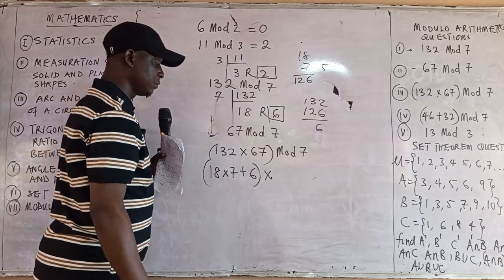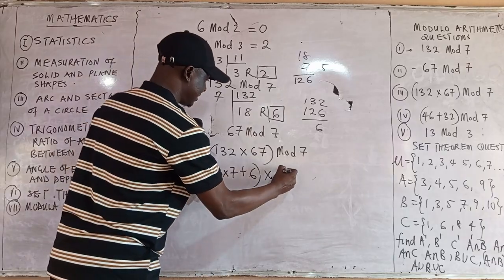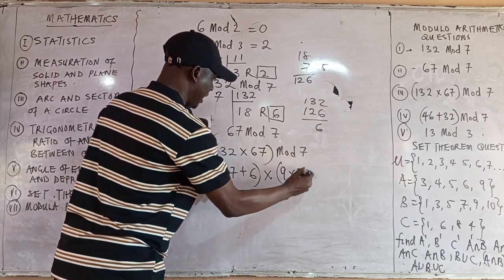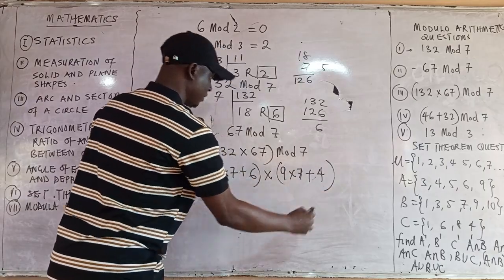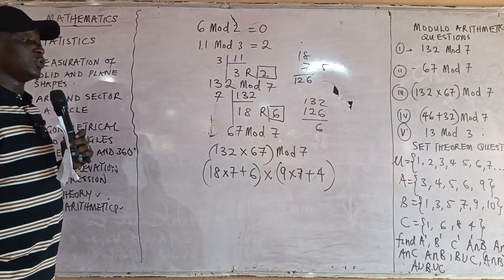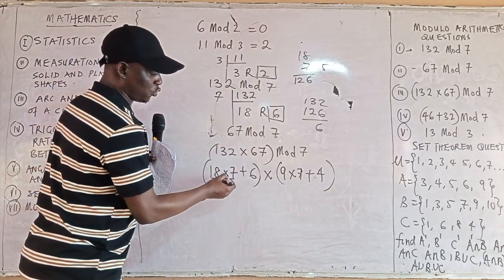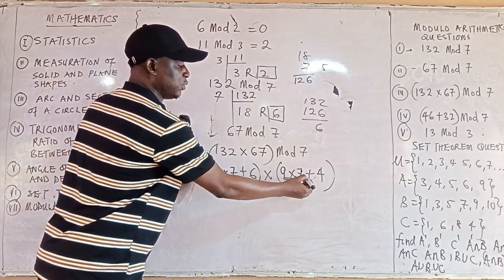then 67 is 7 times 9, plus 4. Now look at it. You will not concern yourself with the multiples of 7 again.